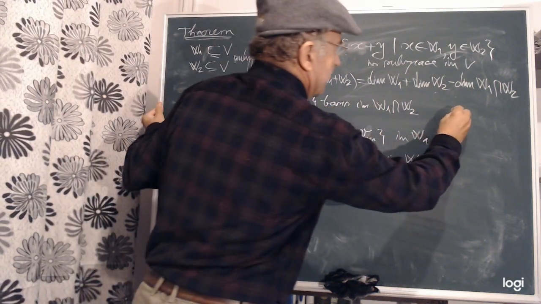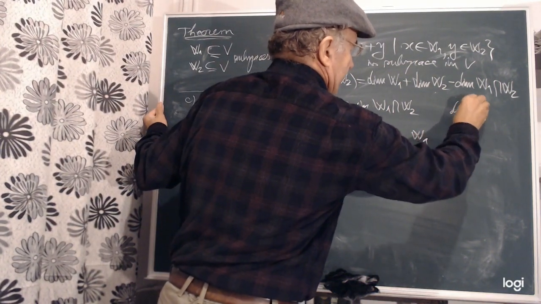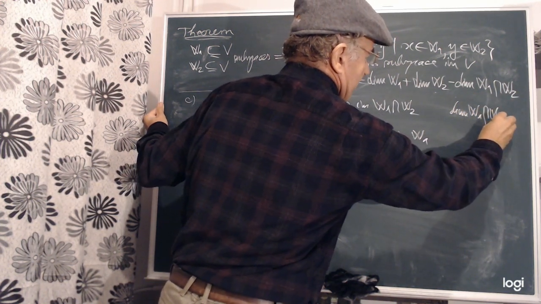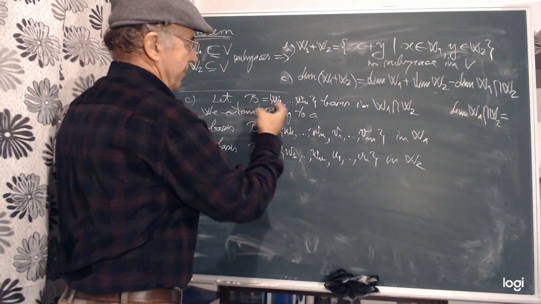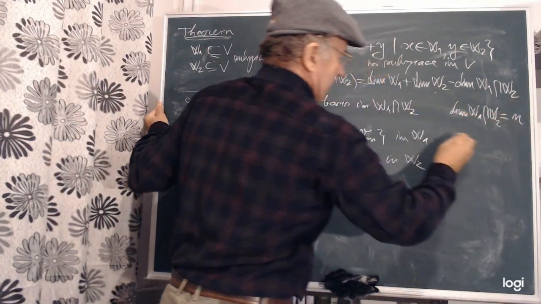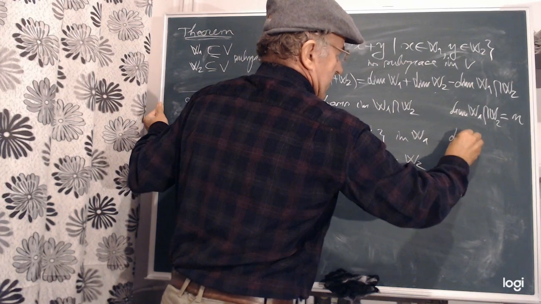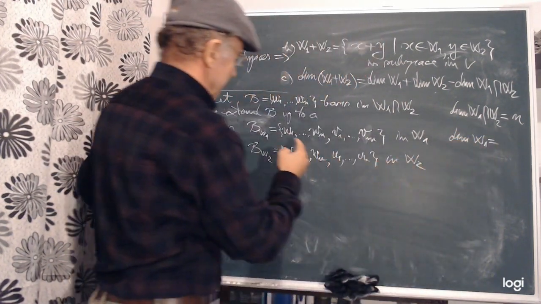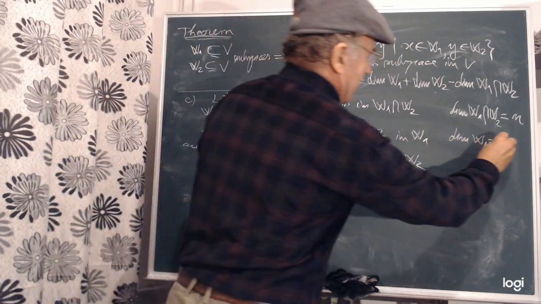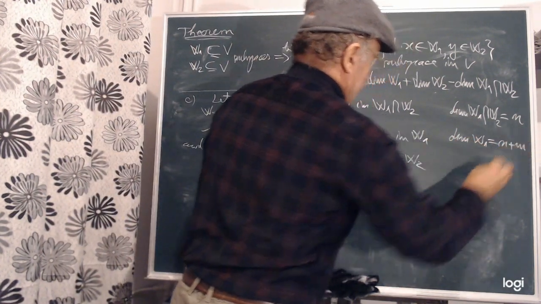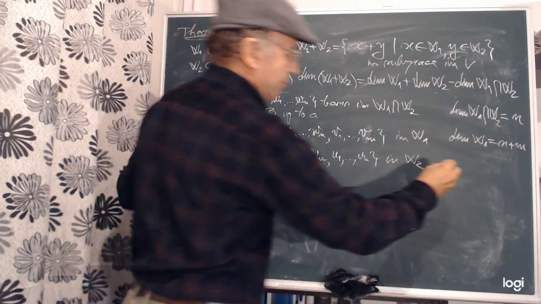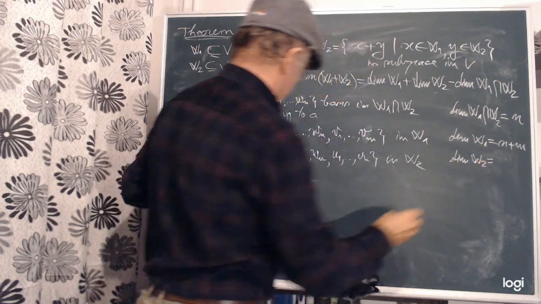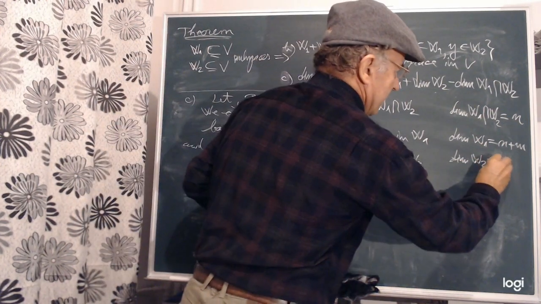So the dimension of the intersection of W1 with W2 is the number of vectors, n. The dimension of W1 is n plus m, and the dimension of W2 is n plus k.